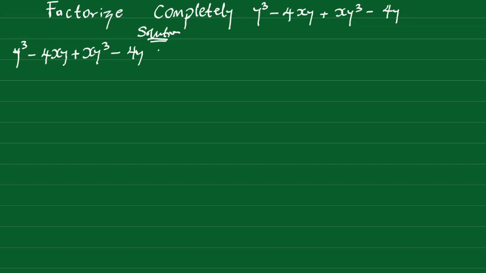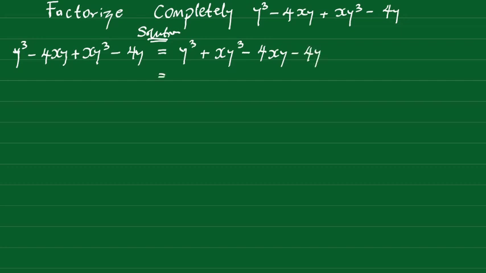So in collecting like terms, we write equal to y raised to power 3 and bring close to it plus xy raised to power 3, minus 4xy minus 4y.